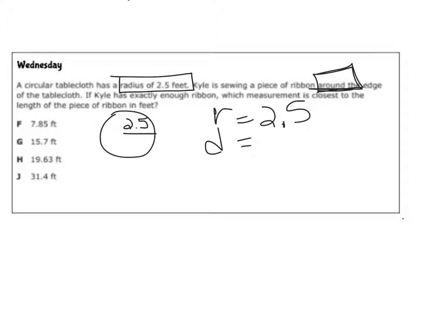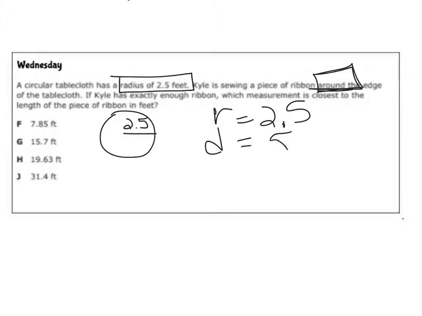But when we do diameter, we're not multiplying it with itself, that's for area. You actually multiply by 2. Because remember, this is circumference. With circumference, use diameter. With area, use radius. Okay, so 2.5 plus 2.5 is what?